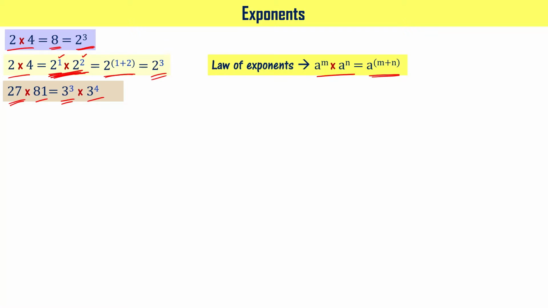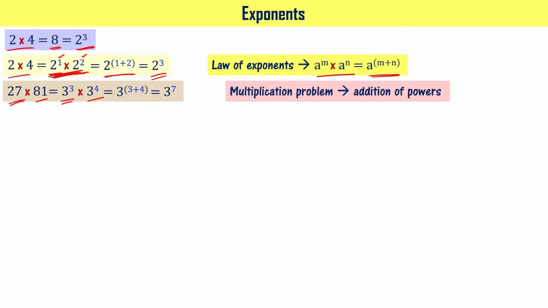Now, as per the first law of exponents, we can now write it as 3 power 3 plus 4, that is equal to 3 power 7, right? What we have done is we have converted the multiplication problem into addition of powers when we have expressed those numbers as the exponents, right?